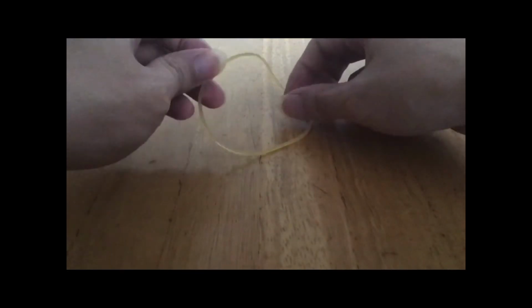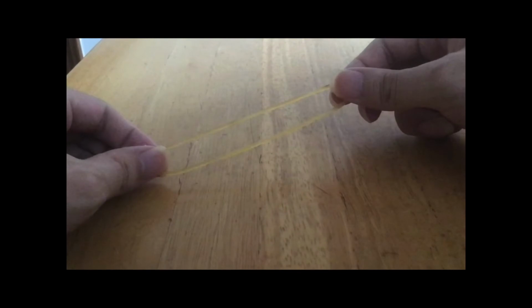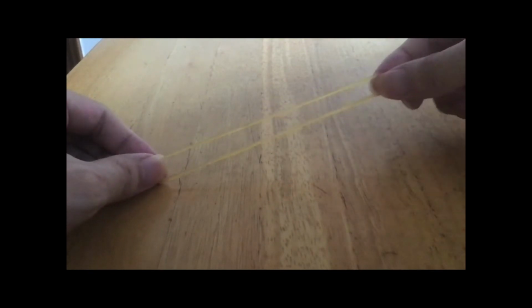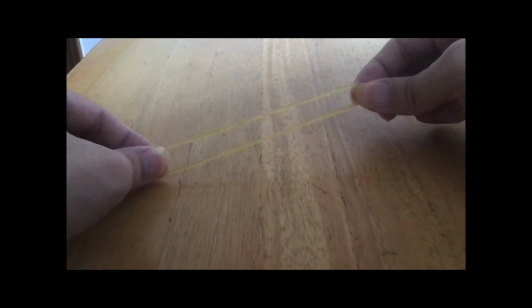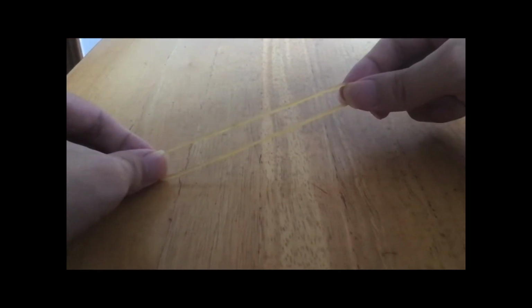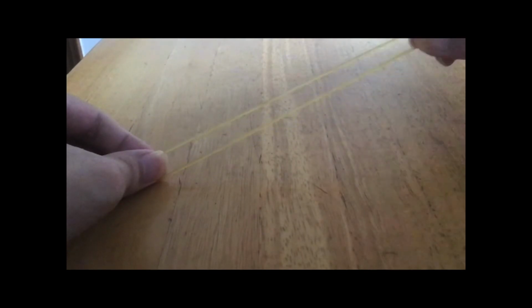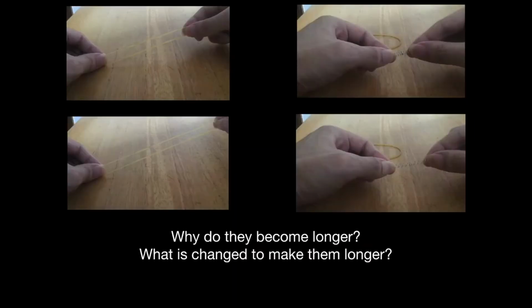And another elastic object, a rubber band, original length, when I apply some force, even larger force, and even larger force. And what you can see is that when I increase the applied force, then the extension will become larger.